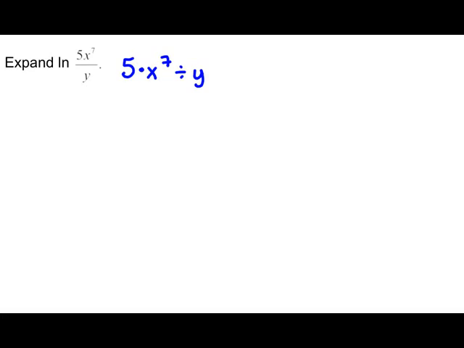To expand, every single one of those values is going to get a natural log. So we're going to have natural log of 5, the natural log of x to the 7th, and natural log of y. Now what's going to change is the signs in between the two. Multiplication is going to become addition. Division is going to become subtraction.